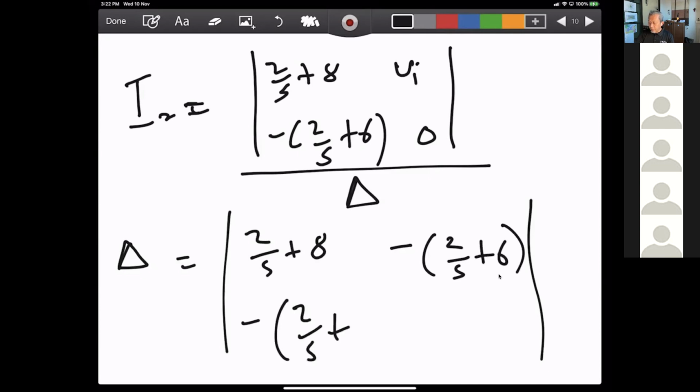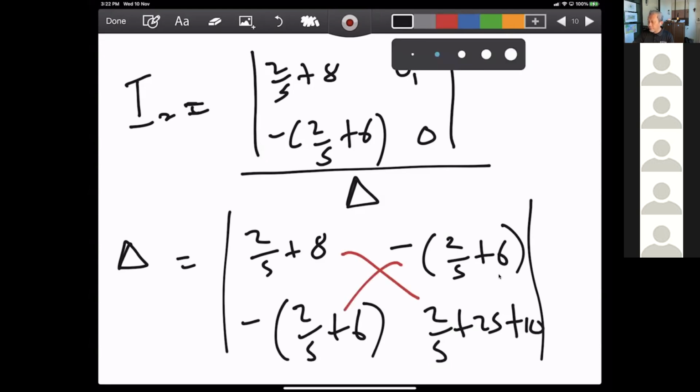Delta. We have to cross multiply the determinant. Okay. So 2 over... So simplify. What do you get?